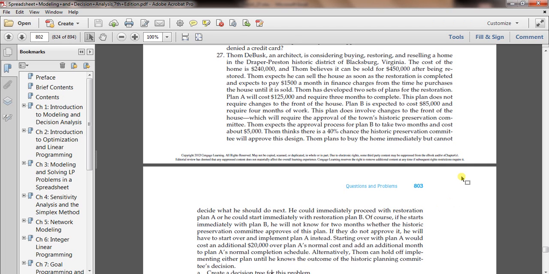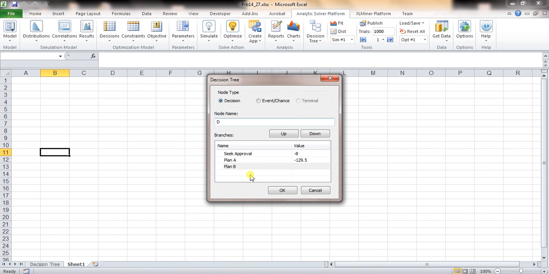So before the outcome is there, he can spend 85,000 plus 2 months of cost plus approval cost. So this is plan B simultaneously with approval.